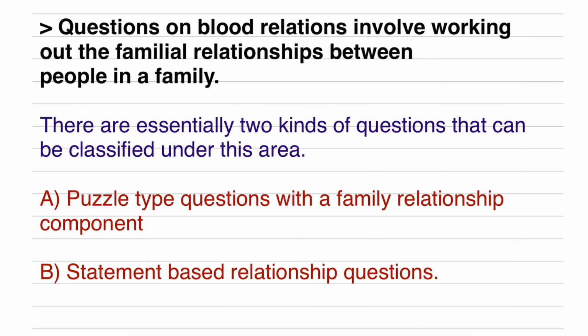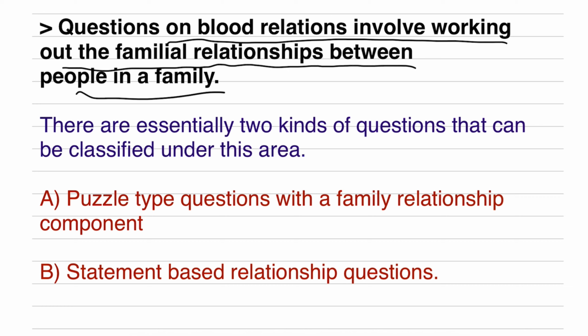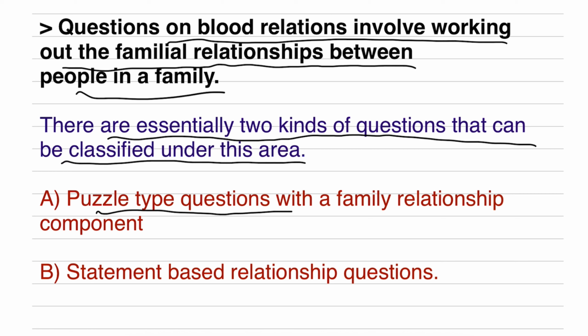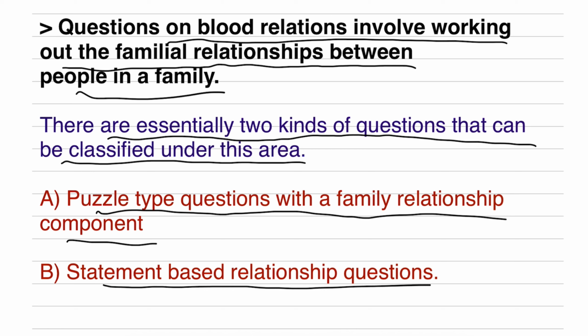See, questions on blood relations involve working out the familial relationships between people in a family. So it is between the people in the family. There are essentially two kinds of questions that can be classified under this area, that is puzzle type questions with a family relationship component, and second type is statement based relationship questions.